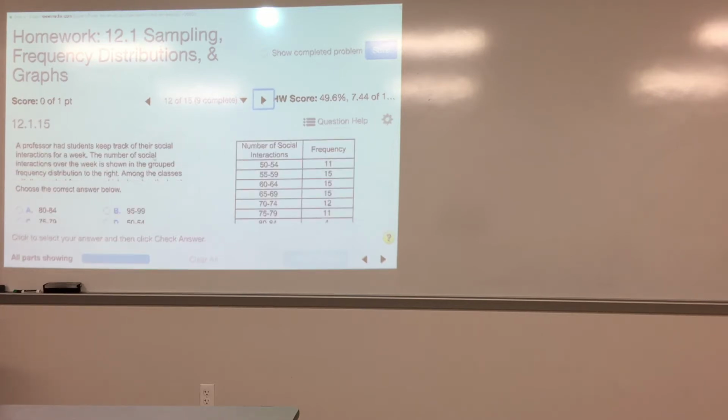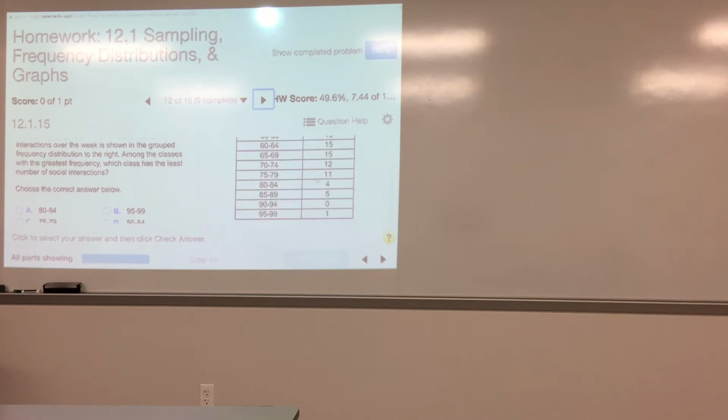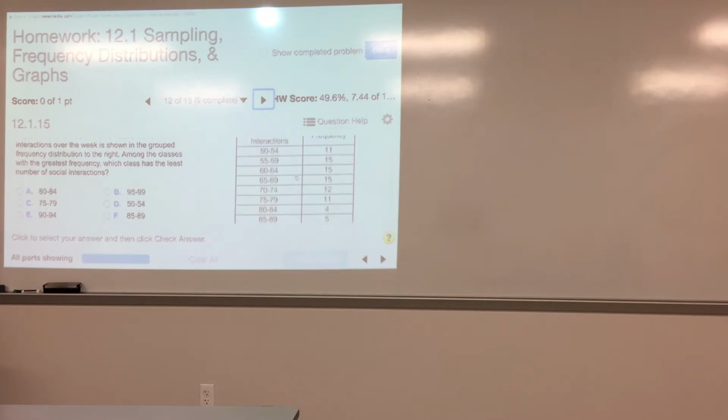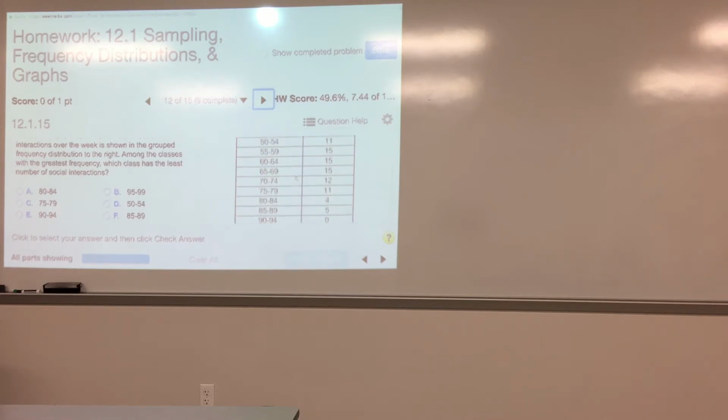A professor had students. Here's their social interactions again. Among the classes with the greatest frequency, which class has the least number of social interactions? Which one has the least number of social interactions? 90 to 94. Least number means go find the frequency that is the smallest in the table.